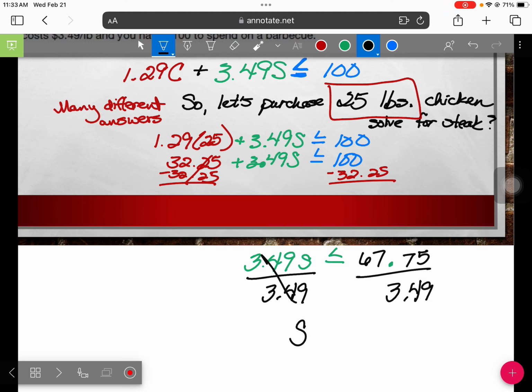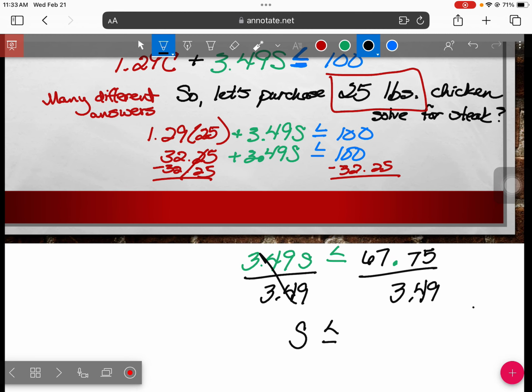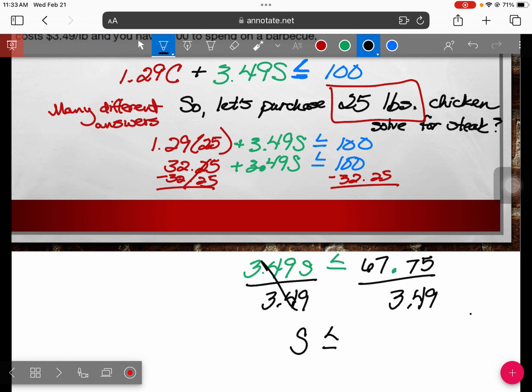All right. Has anybody got an answer for the steak yet? All right. So let's see. Here's the work that I've done. You substitute the 25 in for C. 129 times 25 is 3225.